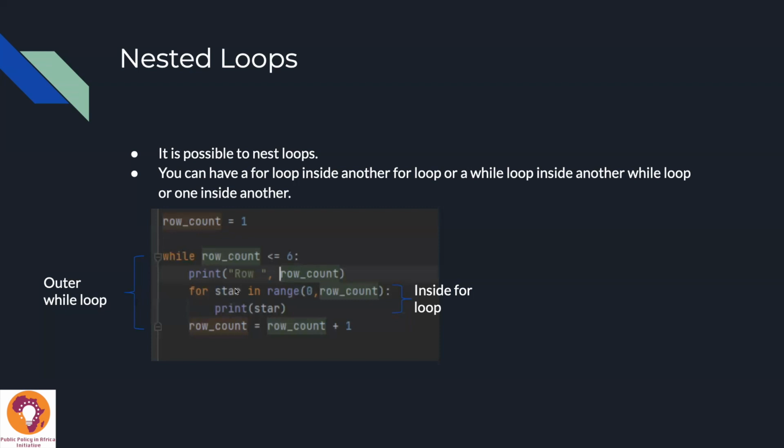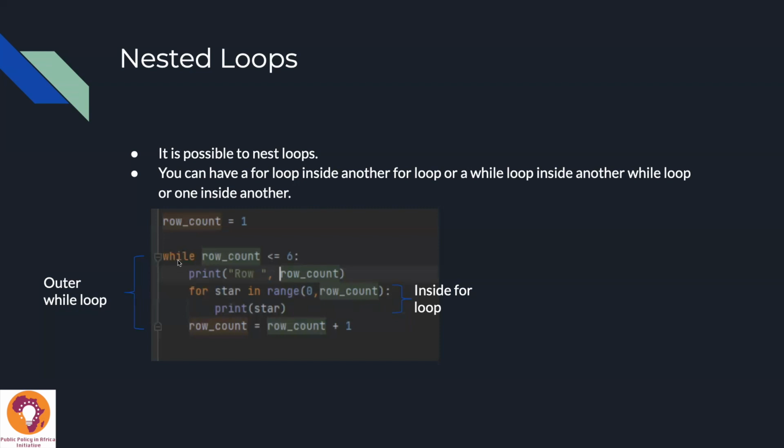And then for star in range, and this is the range function that we had talked about earlier. With range, you give a starting point and an ending point for the range that you're trying to iterate over. So this will basically return a list of numbers from the first value you enter to the second value you enter.